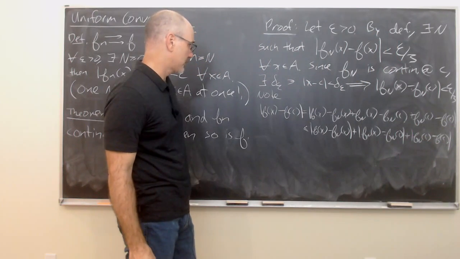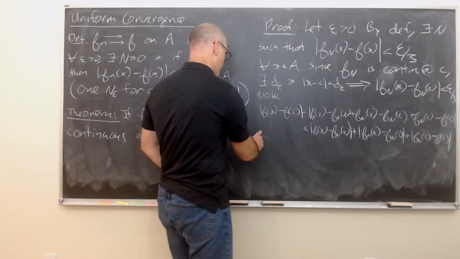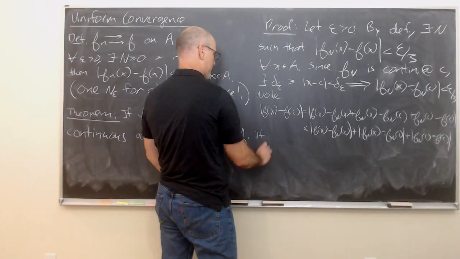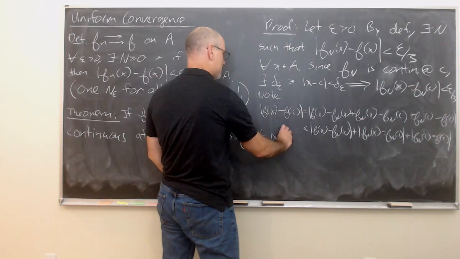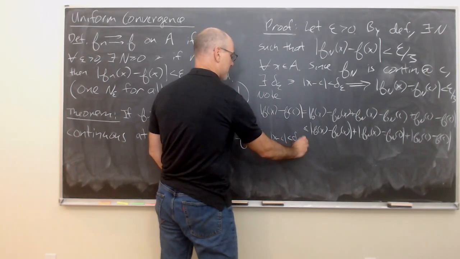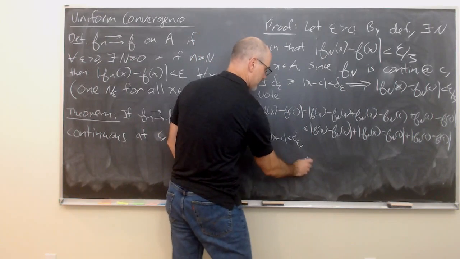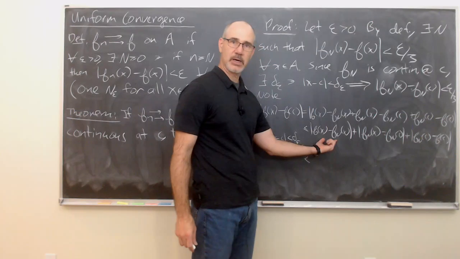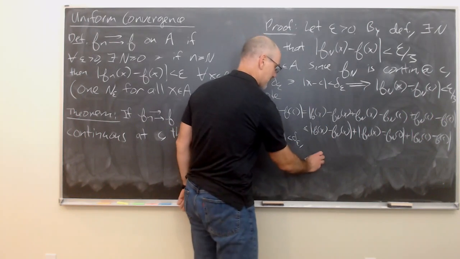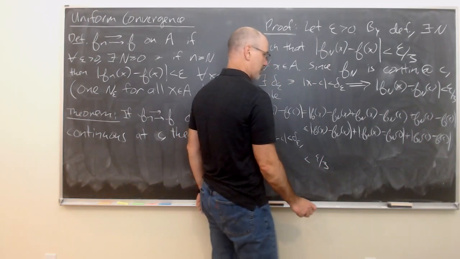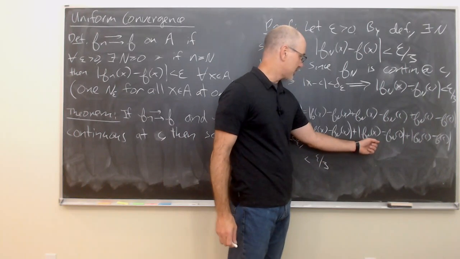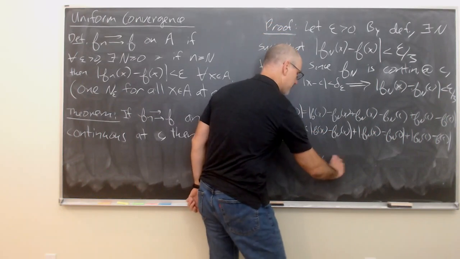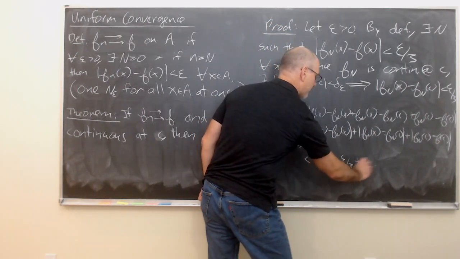Okay, so with N as before and delta as before, if |x - c| is less than delta, then with the capital N I selected before, by uniform convergence, this first piece is less than epsilon over 3. By the continuity of f_N with the delta chosen as before, the middle piece is less than epsilon over 3.